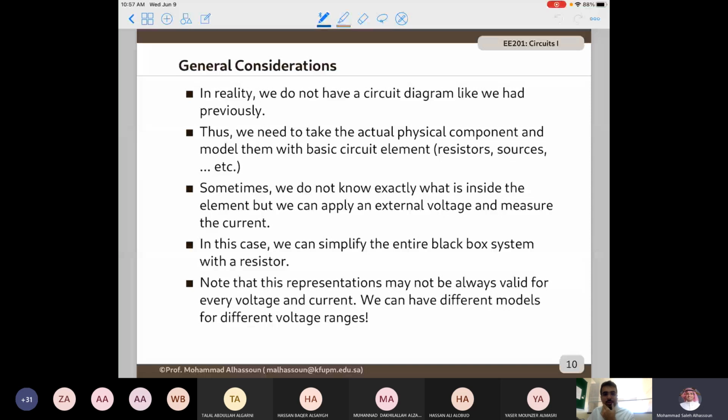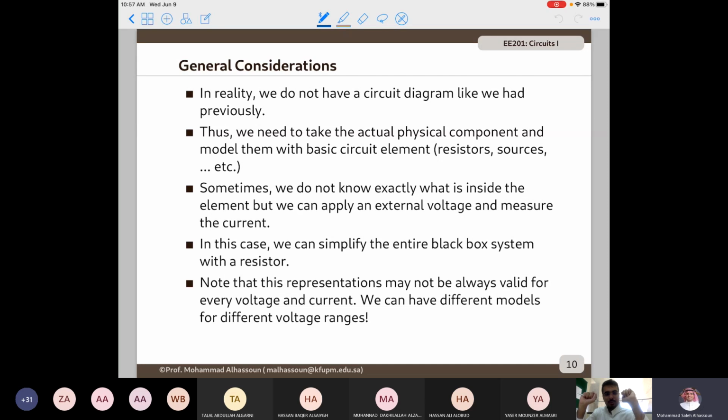So you need to take the actual components and try to model them, find something that approximates their behavior, either with resistors and sources. Sometimes you need to go beyond this, finding nonlinear circuit elements. This is one occasion: you have an electrical system and you want to find the circuit model for that.